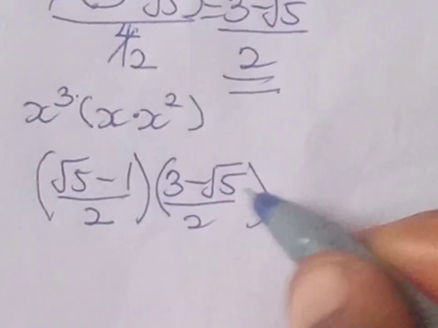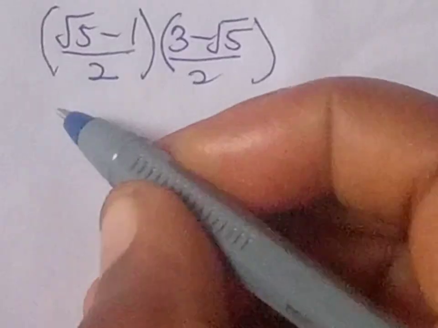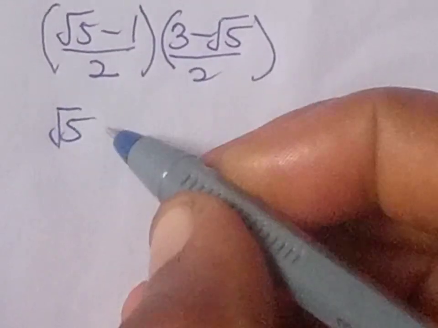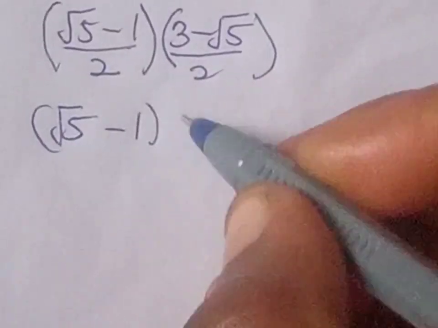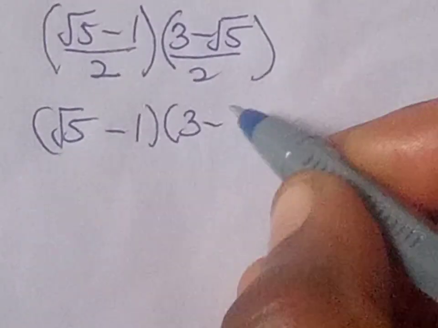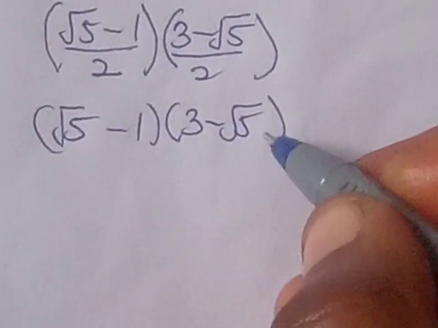Let's multiply the numerator, which is square root of 5 minus 1 multiplied by 3 minus root 5.